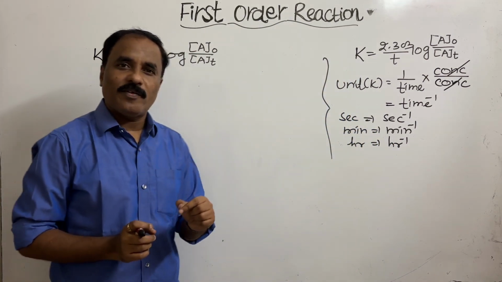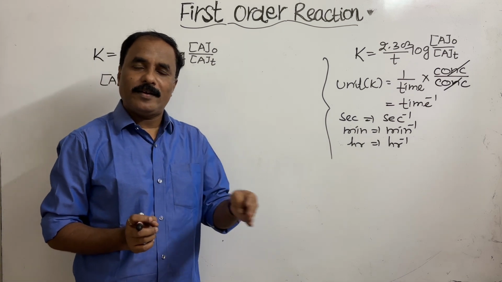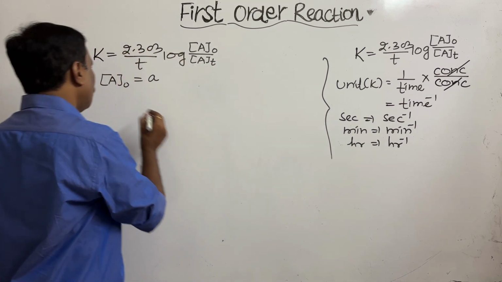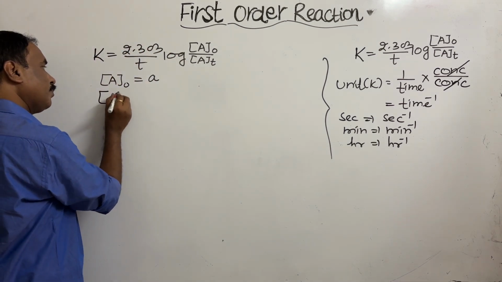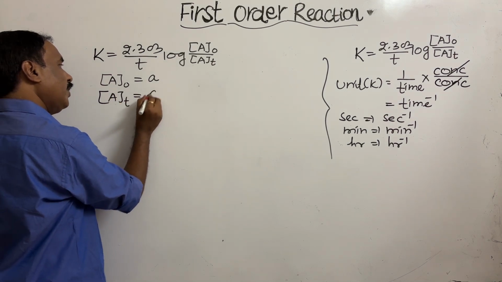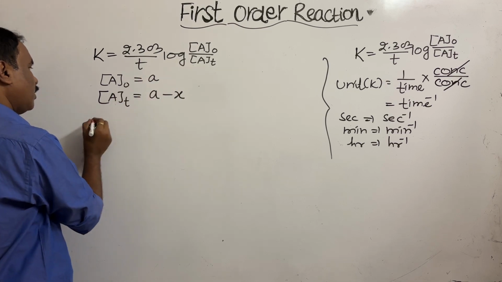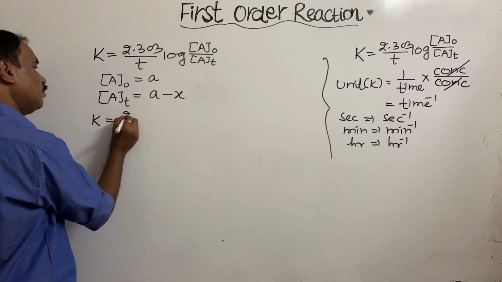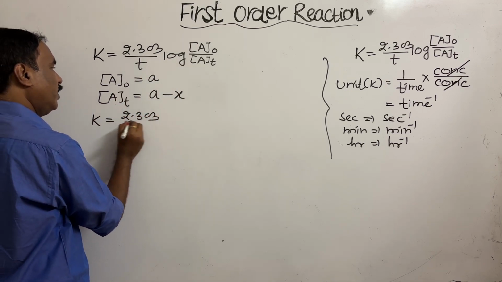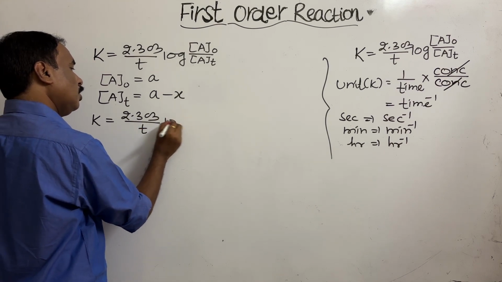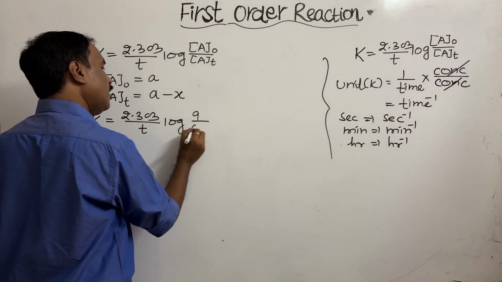Suppose x amount of reactant got reacted after time t. So what is the concentration AT? It will be a minus x. And the same equation we can write here, k is equal to 2.303 upon t log of a upon a minus x.